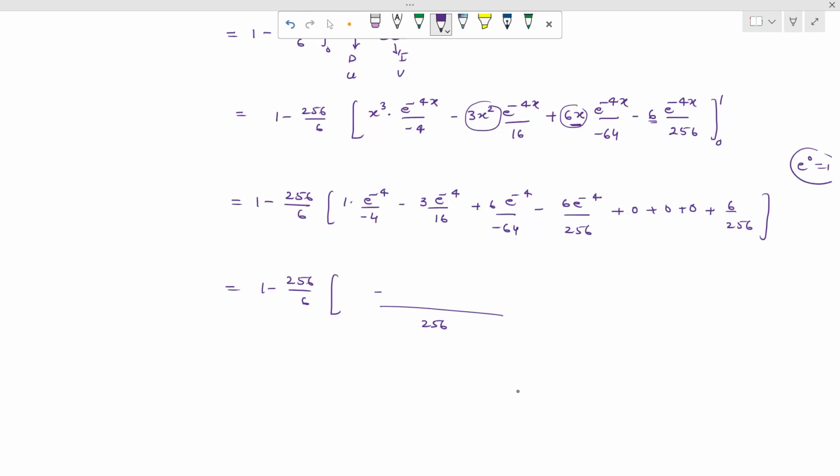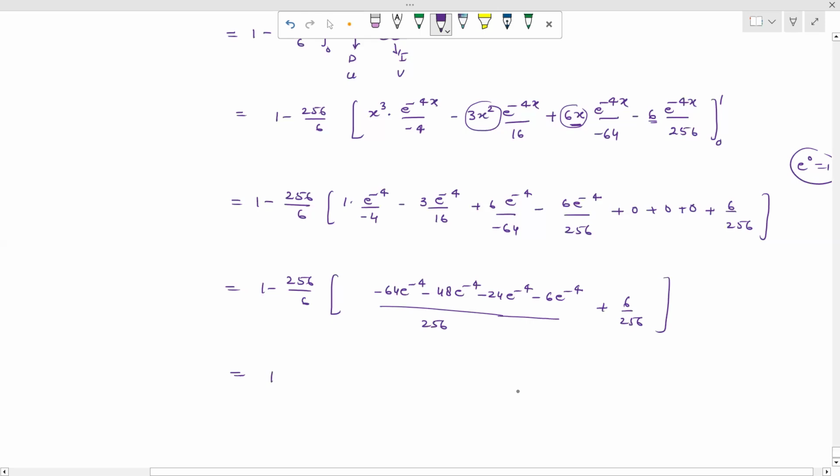So this can be written as minus 64 e raised to the power minus 4, minus 48 e raised to the power minus 4, minus 24 e raised to the power minus 4, and minus 6 e raised to the power minus 4, plus 6 upon 256. So here we write this as 1 minus 1 upon 6, and this will be 64.